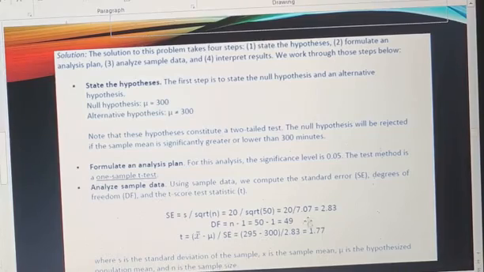Where S is the standard deviation of the sample, x̄ is the sample mean, mu is the hypothesized population mean, and N is the sample size. We have a two-tailed test.